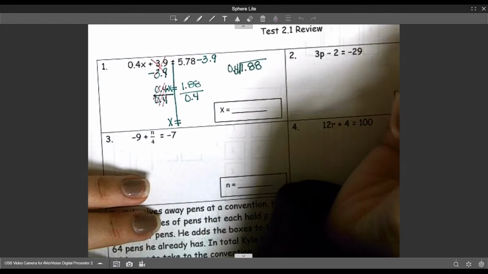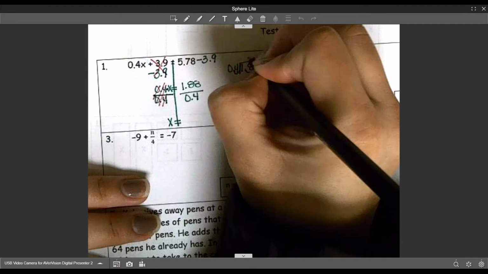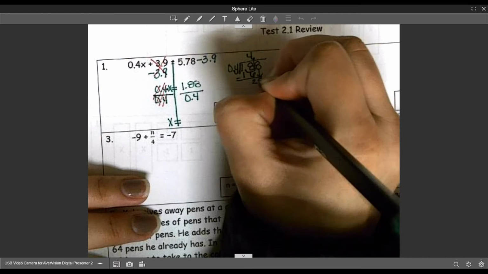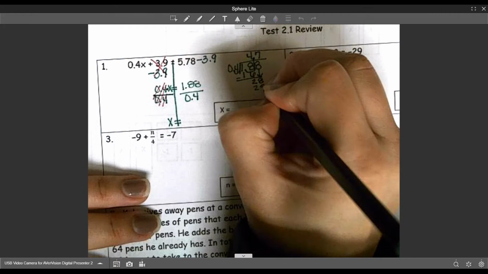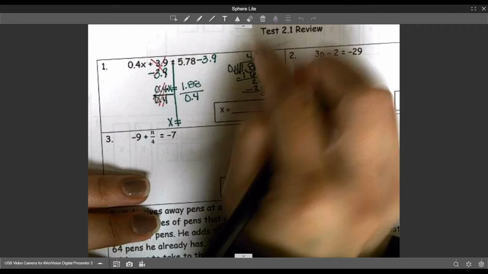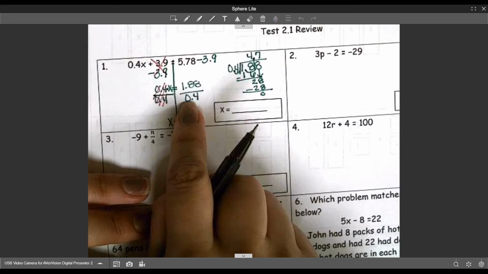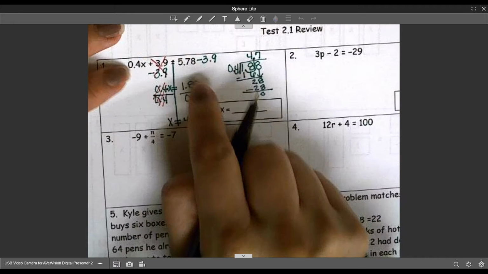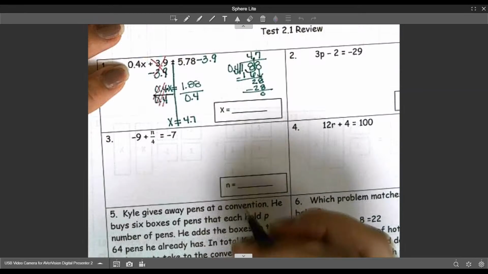Goes in 1 to the right, 1 to the right. 4 into 18 goes in 4, that gives me 16, 2 left, bring down the 8, and 4 into 28 is 7. So I get 4.7 as an answer. 1.88 divided by 0.4 gives me 4.7, so x is equal to 4.7. They are both positive, positive at the top, positive at the bottom, so the answer will be positive.